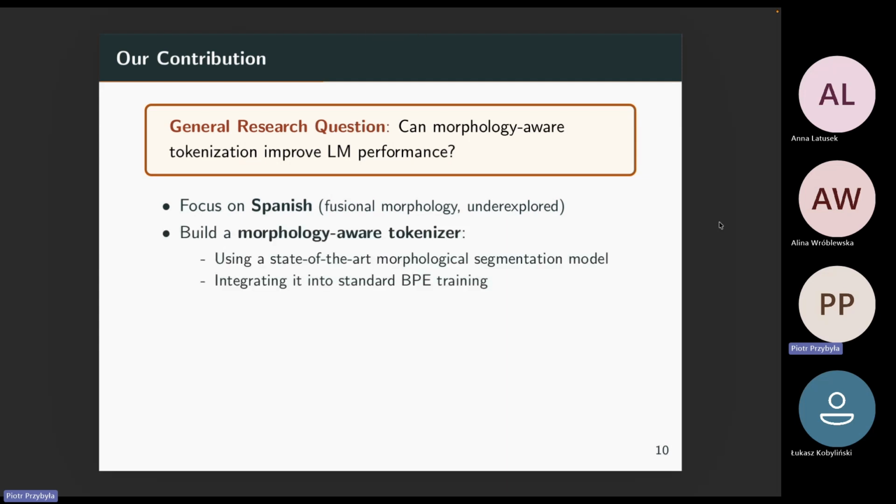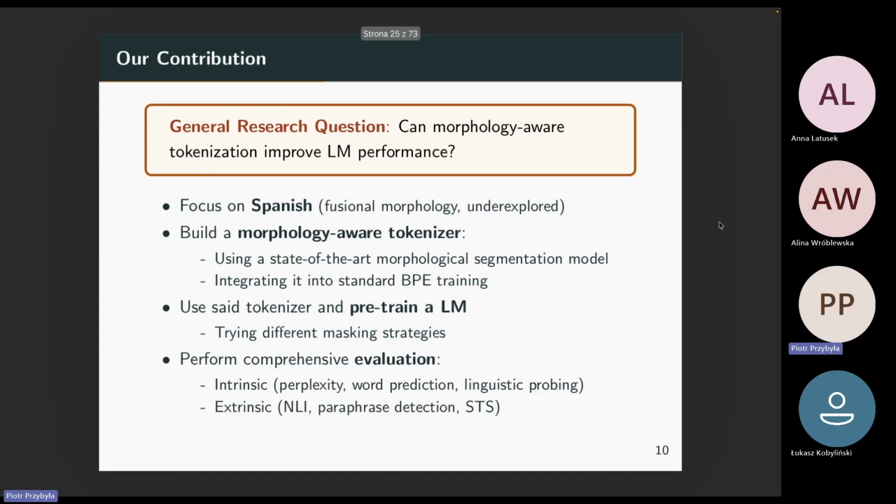So we're going to focus on that one. And then we're going to build a morphology-aware tokenizer. I will explain what happens about it later. Then we will take the tokenizer and use it to pre-train a large language model from scratch and then perform evaluation. Evaluation both in terms of how good the language model is at language modeling, but also how good the language model is in downstream tasks.